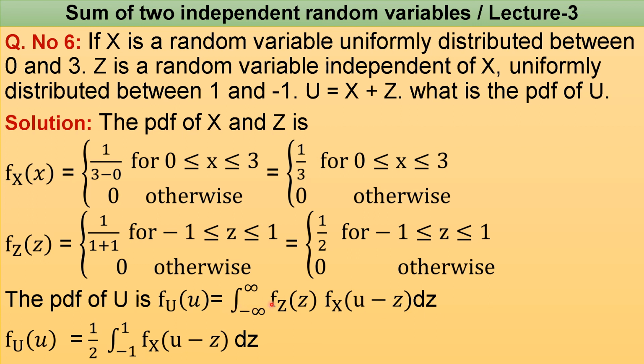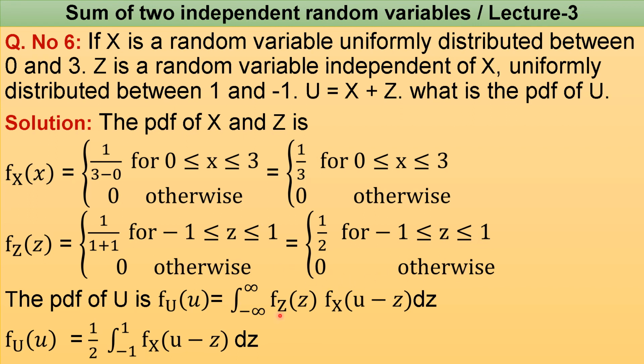So here we'll take fu of u as equal to integral from -infinity to +infinity fz of z into fx of u minus z dz. Here fz of z will be 1 by 2 for z values from -1 to +1. For all other z values, fz of z will be 0.